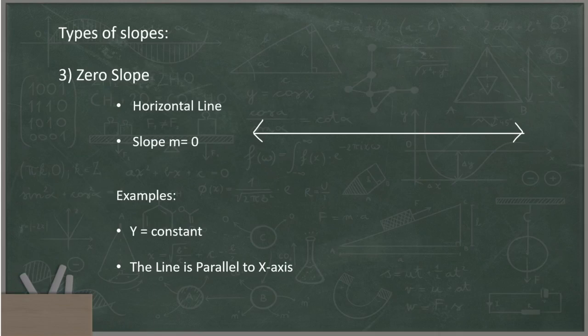The slope of the line which is parallel to x-axis is 0. Example, y is equal to 5, y is equal to 6, y is equal to 1 by 2, y is equal to anything constant is a horizontal line, and the slope of that horizontal line is 0.